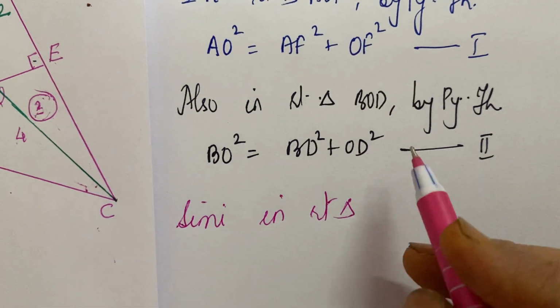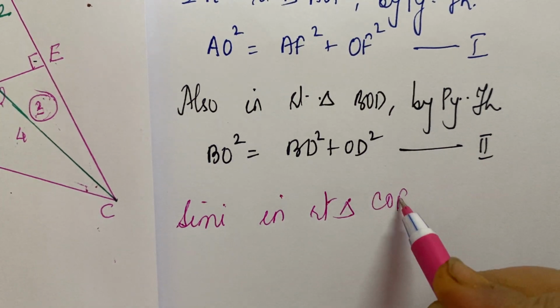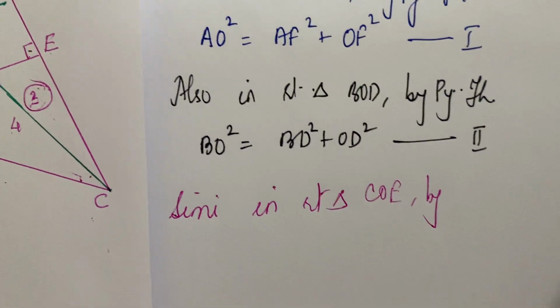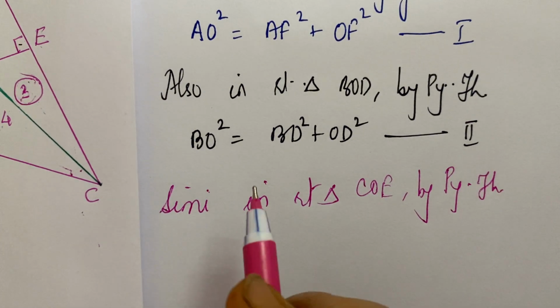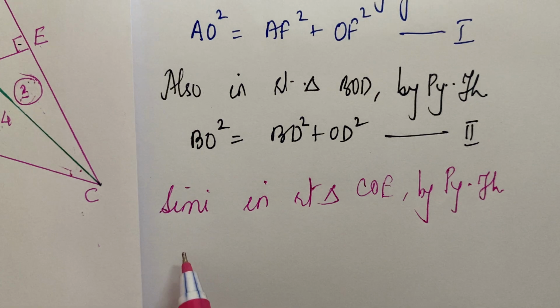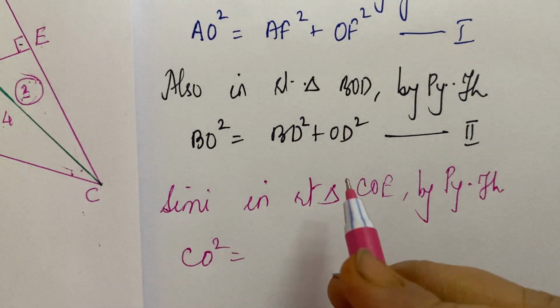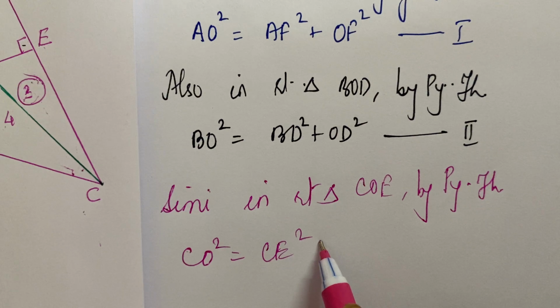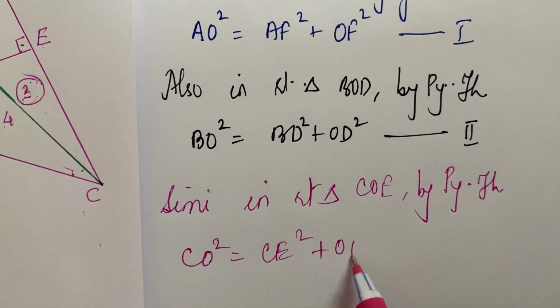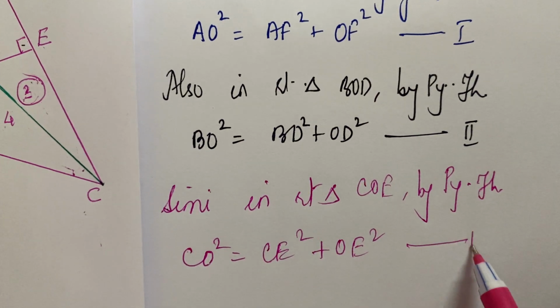In triangle COE, again by the same reason, that is by Pythagoras theorem, you will get OC square, CO square is equal to CE square plus OE square. This is your 3.